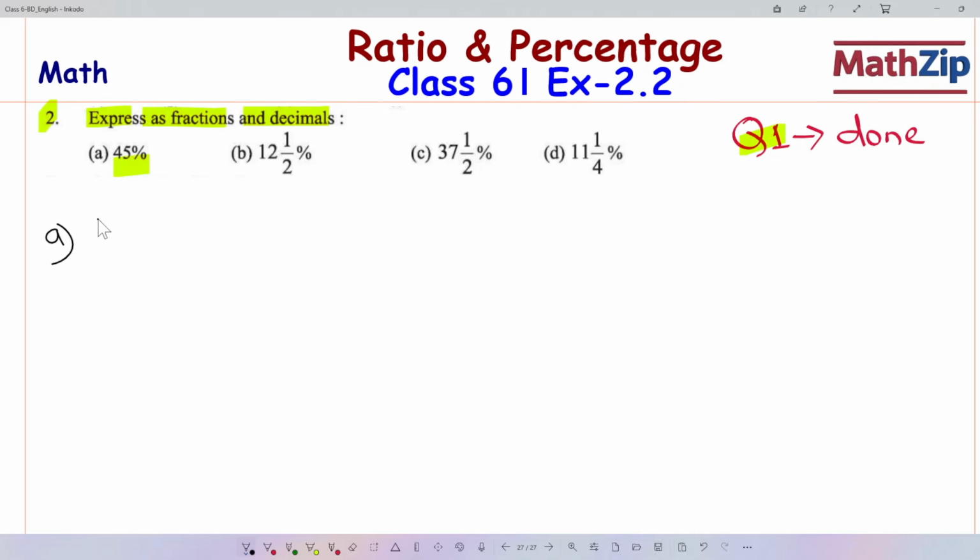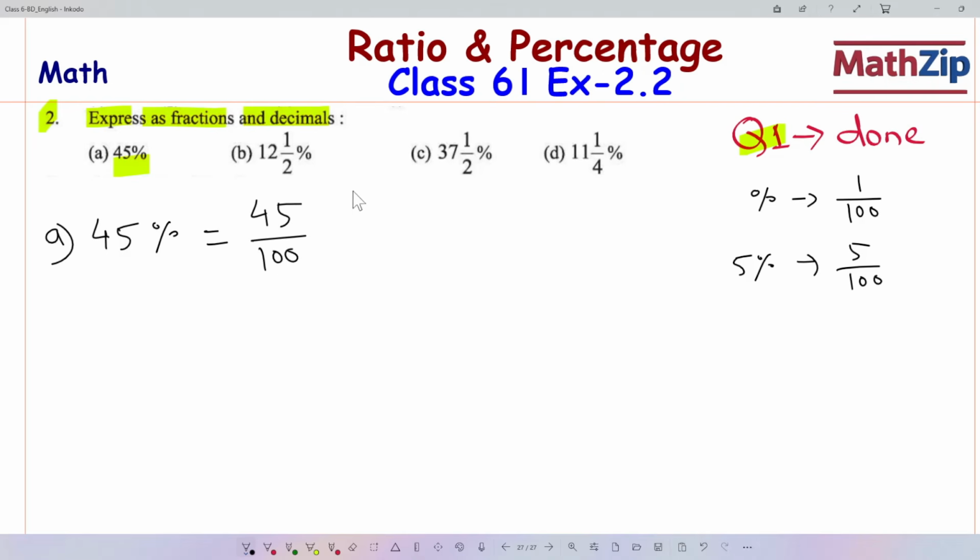Number A, 45 percent. We know percent means 1 by 100. So 5% means 5 by 100, right? In this case we can write 45 by 100, and this is a fraction, but we have to write it in simplified form.